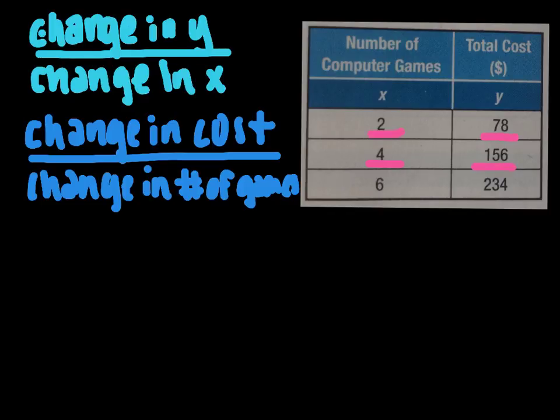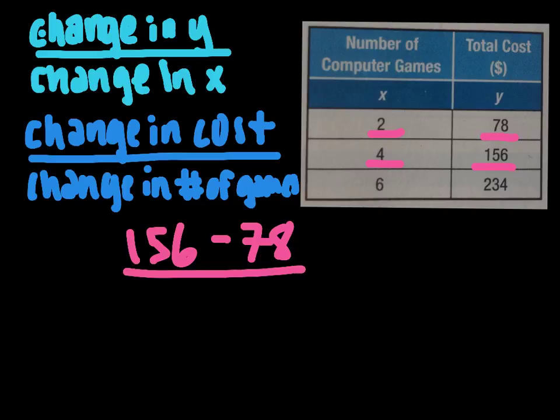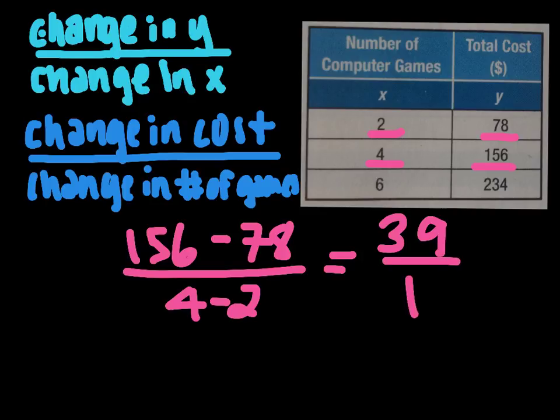So we'll do 156 minus 78, because that's the cost, over 4 minus 2, because that's the change of games. And we will get 39 over 1. So the rate of change is 39 over 1. So each game costs $39.